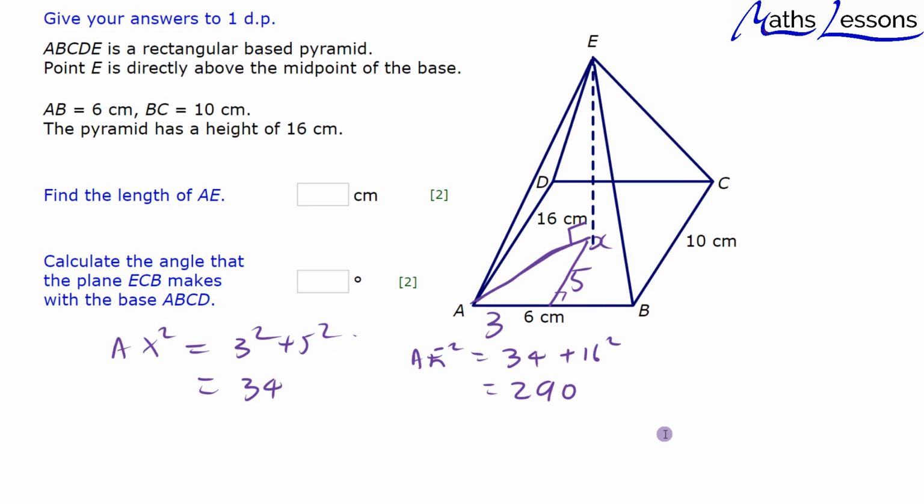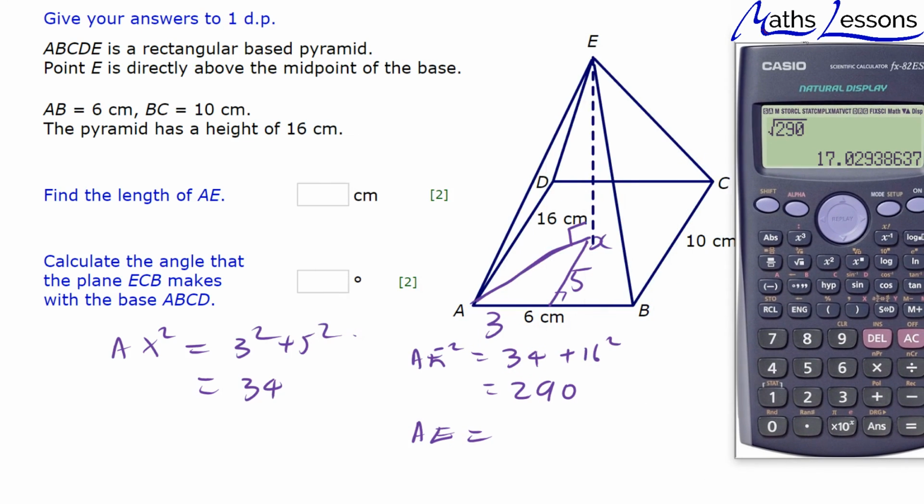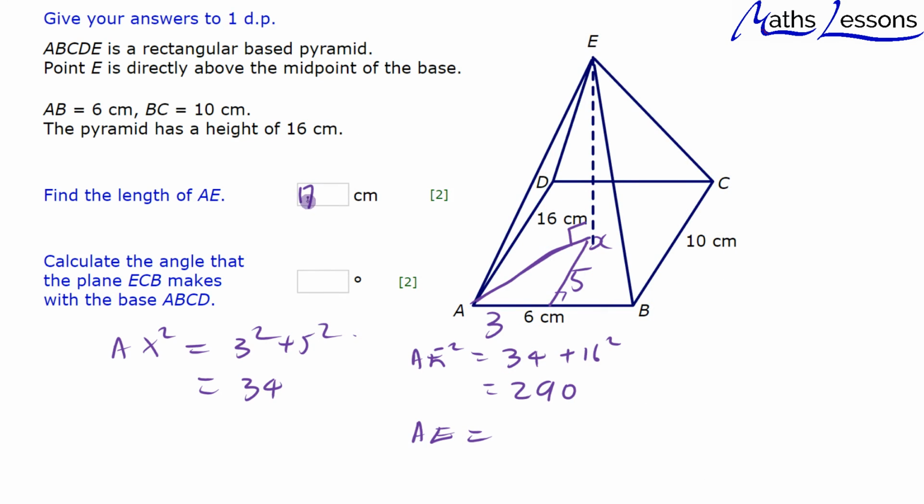So therefore square root that, grab the calculator, I don't know the square root of 290. Square root 290 and we get 17.02, which is 17.0 to one decimal place.